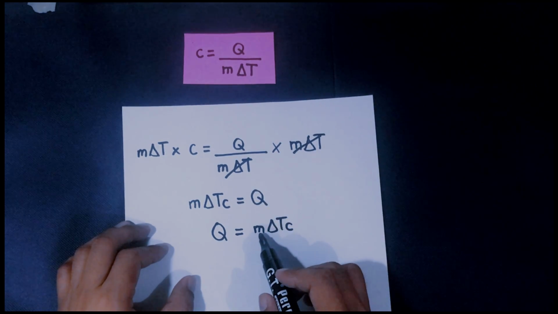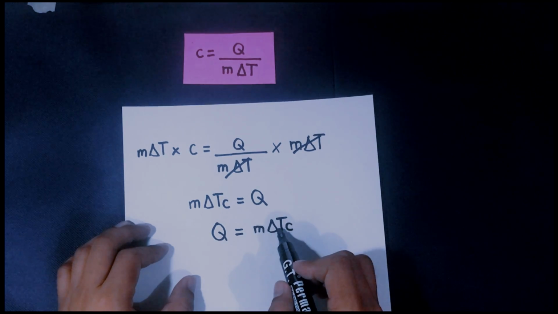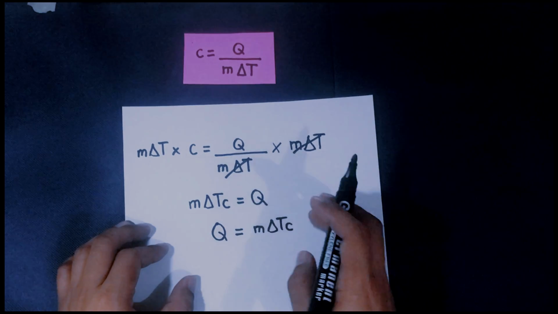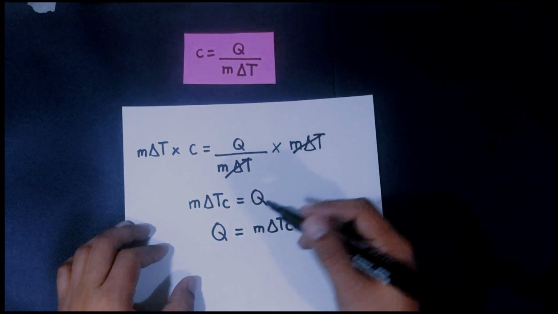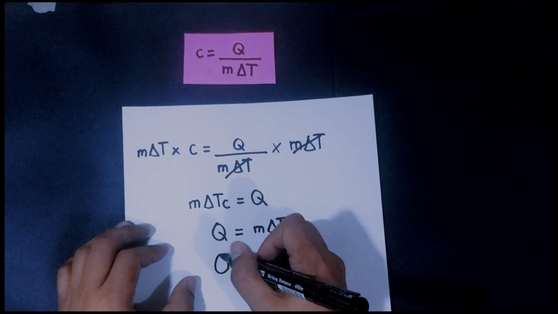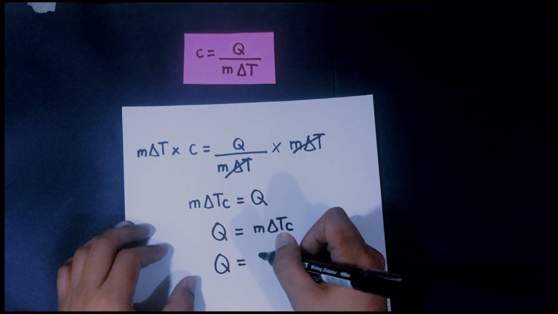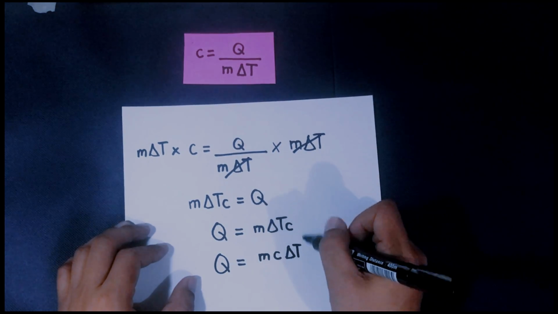Now, since all of these three variables, the mass, the change in temperature, and C, are all in the multiplication operation, we can place them in any order. So we can have like this: Q is equal to, let's say, M C delta T. They are the same.